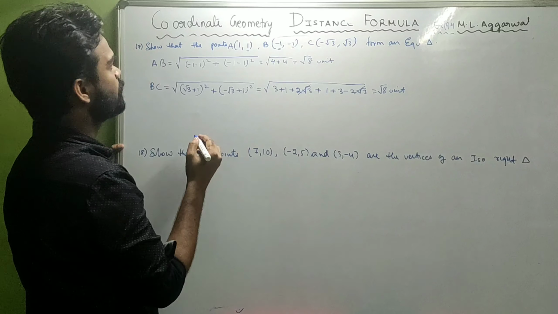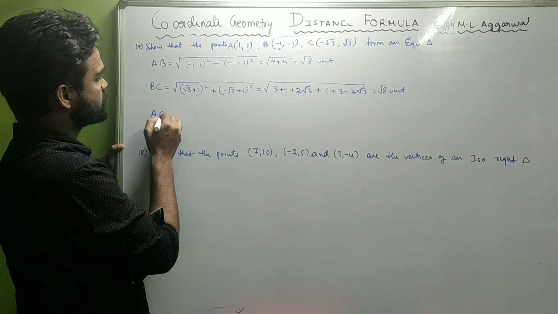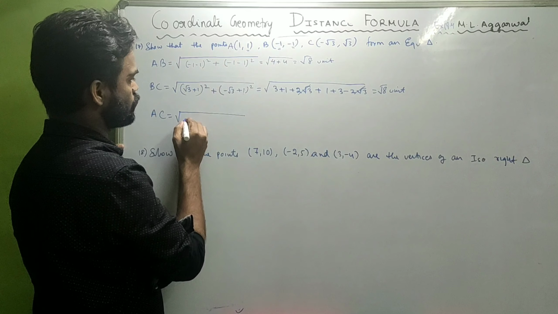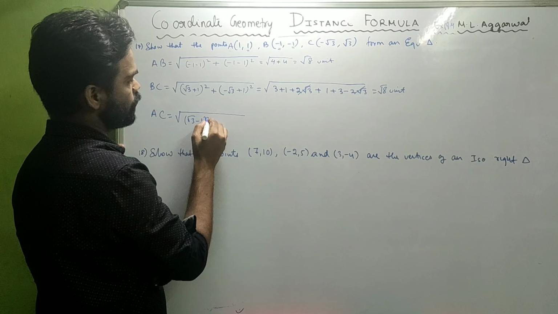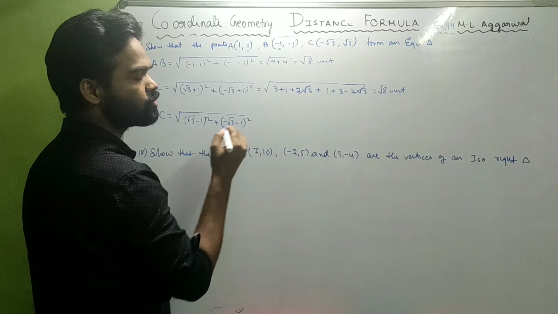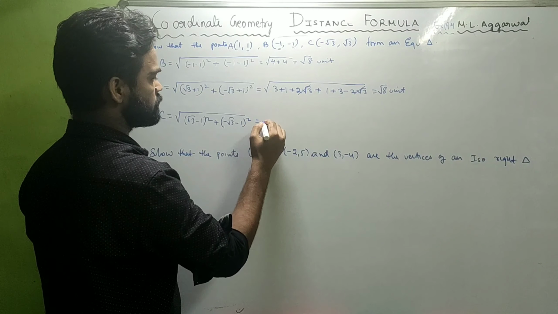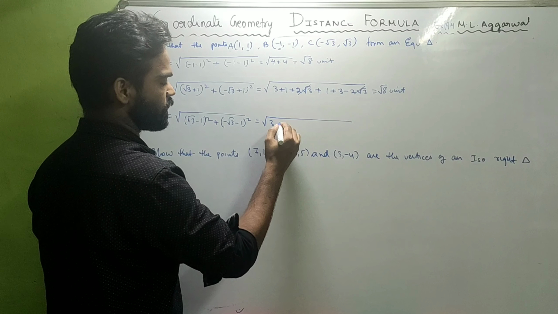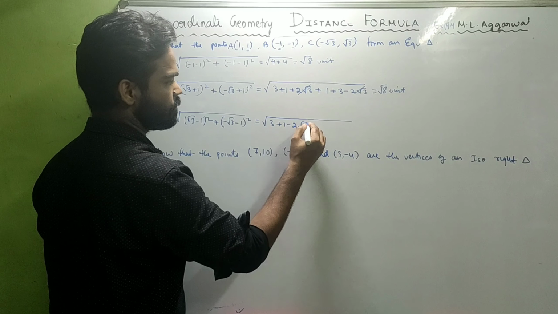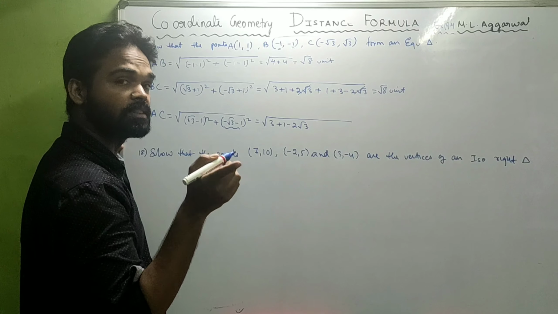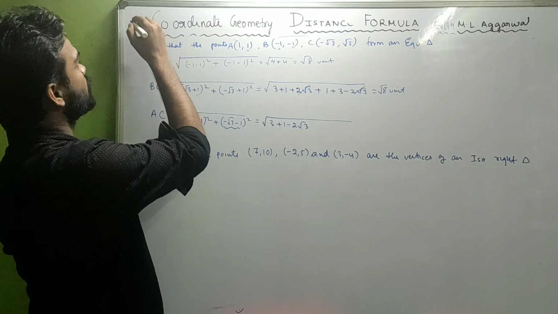Same. Let us find AC now. Same logic. Root of (root 3 minus root 1) whole square plus (minus root 3 minus 1) whole square. Now this is (a minus b) whole square, a square plus b square minus twice ab. And this, I've told you, minus (a minus b) whole square is nothing but (a plus b) whole square.